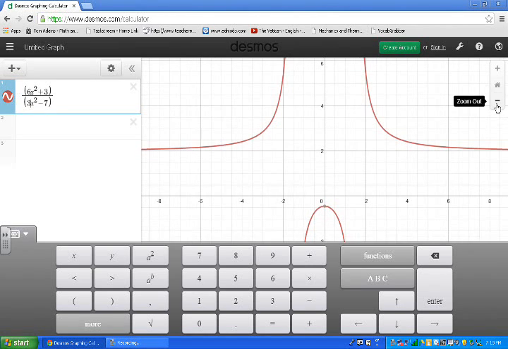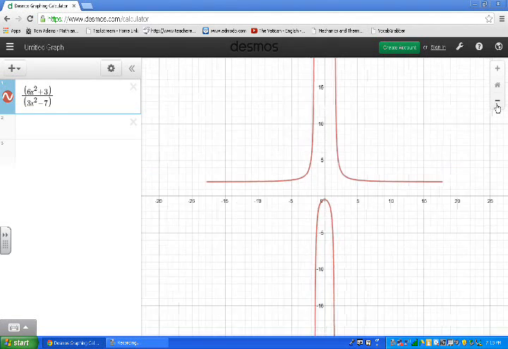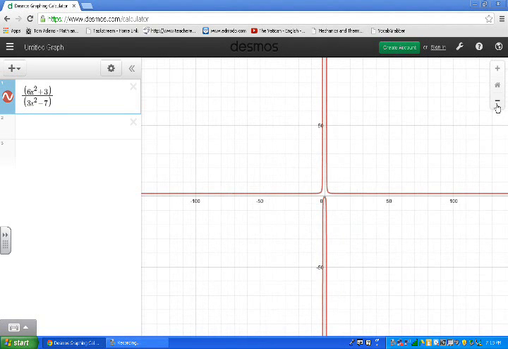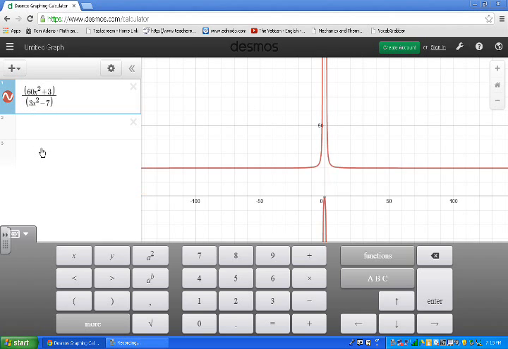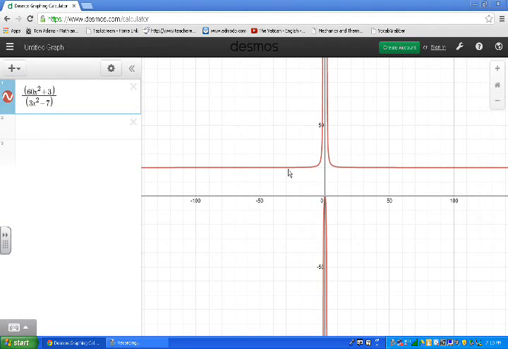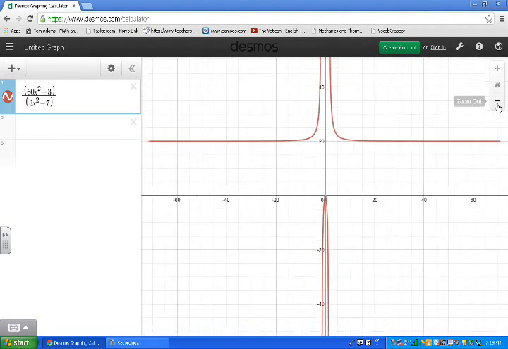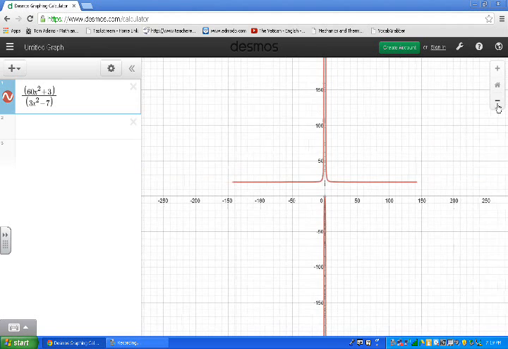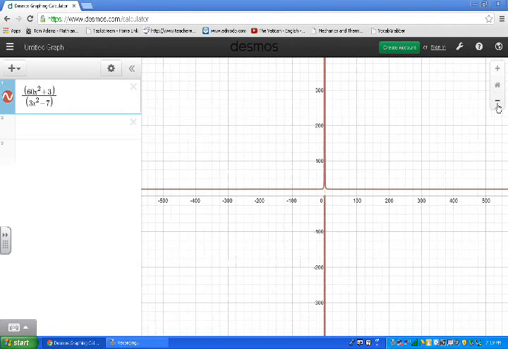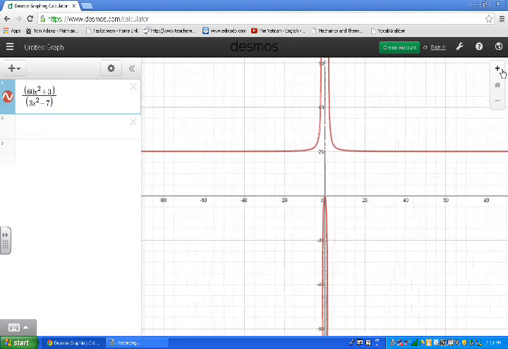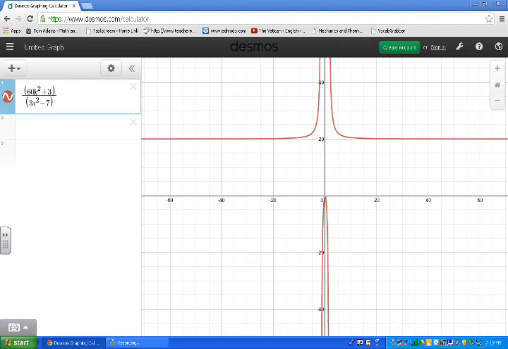But notice that the y value doesn't increase or decrease. As I slide out, my graph seems to hit a plateau, or actually a horizontal asymptote that it can't cross. The reason is that the ratio of the leading coefficients remains the same. Whatever my leading coefficient for the numerator is over the leading coefficient of the denominator, if the degrees are the same, establishes that horizontal asymptote.